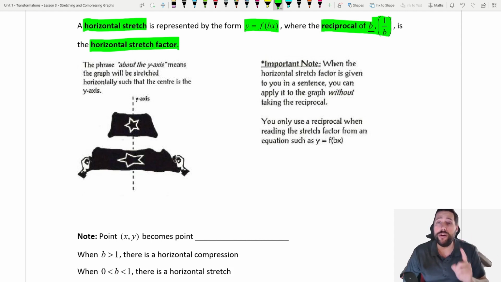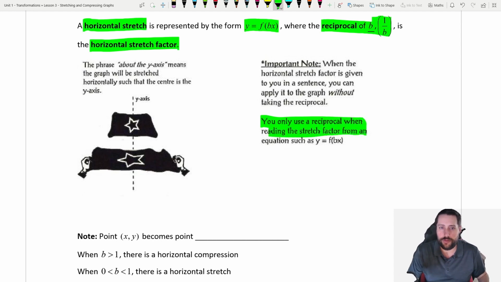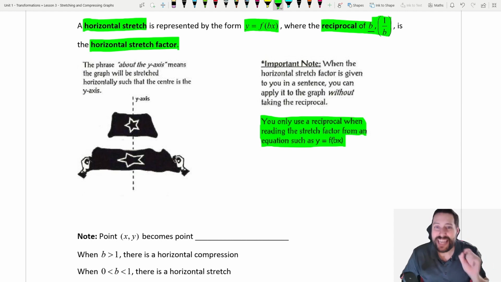An important note: when the horizontal stretch factor is given to you in a sentence, you can apply it to the graph without taking the reciprocal. You only use the reciprocal when reading the stretch factor from an equation, such as y is equal to f of b times x.